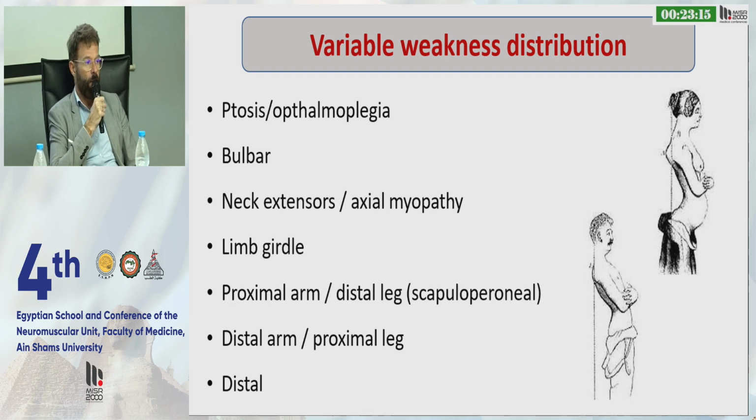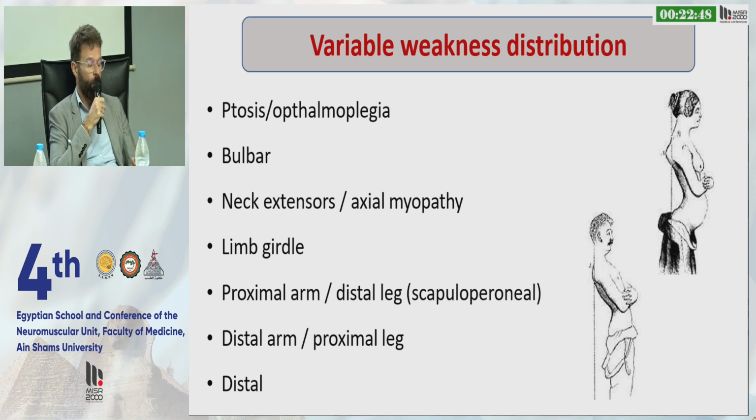So we thought about the pattern of weakness. It's important to evaluate if there is ocular involvement with ptosis, the eyelids going down, ophthalmoparesis or ophthalmoplegia, the extraocular muscles, and bulbar involvement. So always ask if there are problems with deglutition, if the voice changes, dysphonia, aphonia.